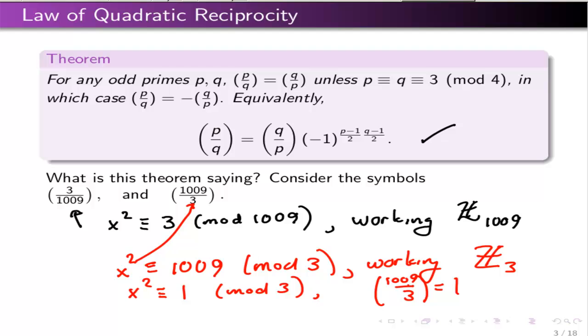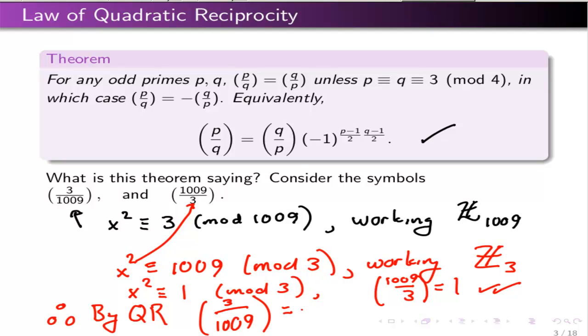Now the remarkable thing is, knowing this information tells us, therefore, by quadratic reciprocity, just call it QR, the symbol where I put 3 up on top and 1009 down below is also plus 1, because 1009 happens to be congruent to 1 mod 4, and these two values have to agree.